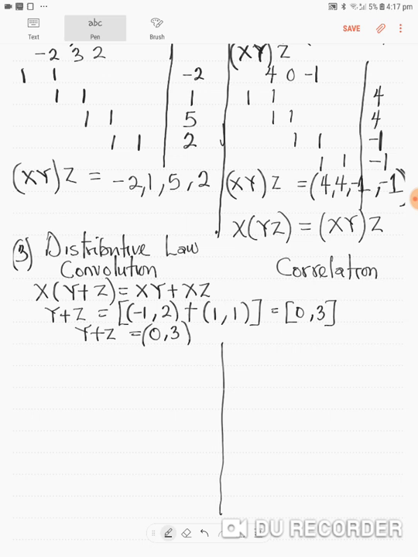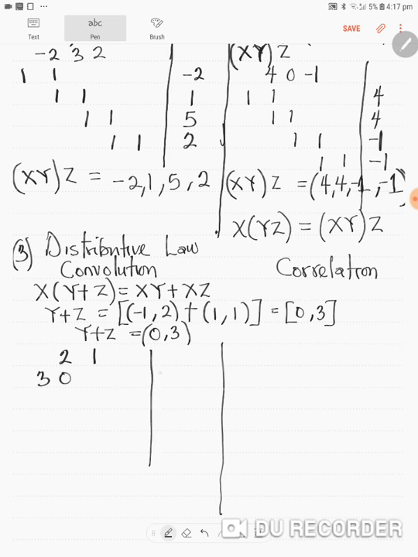Coming back to convolution and correlation, our x is 2, 1. You could check back the question again, but our x is 2, 1. So we're going to write 2, 1, and then our y plus z is 0, 3. Don't forget that for convolution, you time reverse one of the signals, so you have 3, 0.